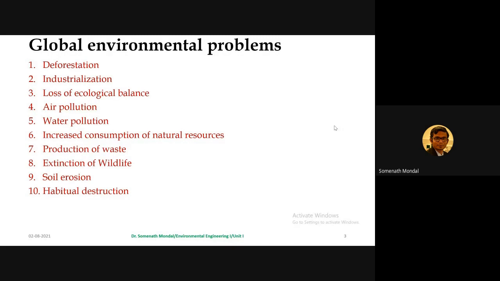And once ecological balance is lost, the concept of air and water pollution comes into the picture. Now you are polluting things because we are creating disturbance at a rate greater than the rate at which nature can heal itself, and as a result, we have air and water pollution.